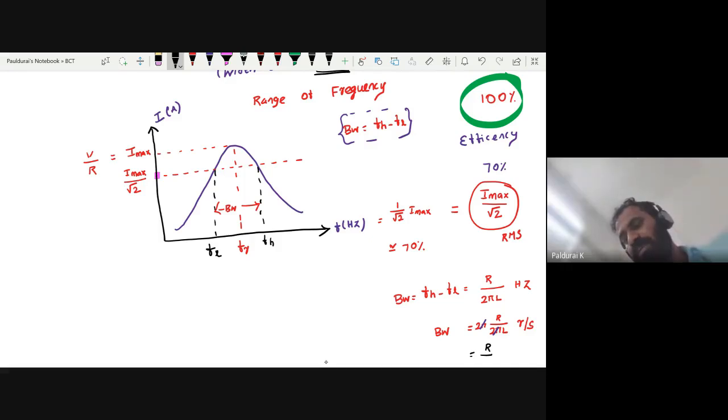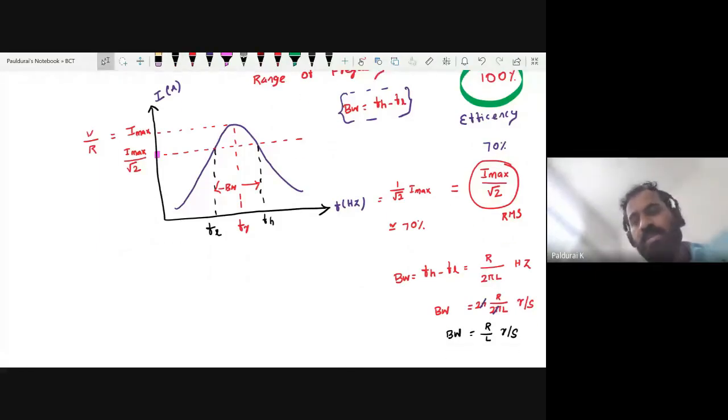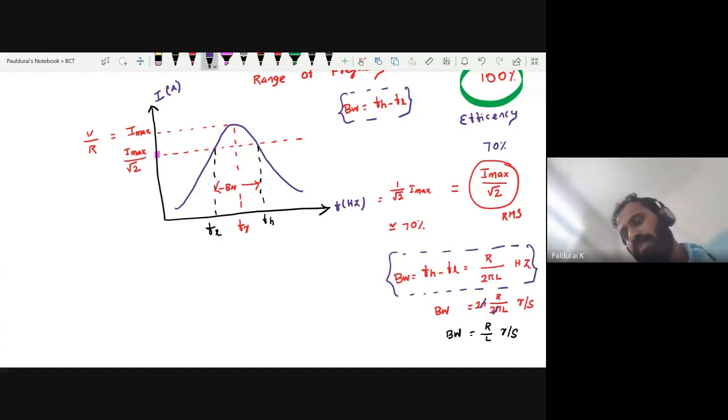So there are two formulas for bandwidth: in terms of hertz, R divided by 2 pi L; in terms of radian per second, simply R by L. This one only we are going to derive. This derivation we want to derive. There is no other way.